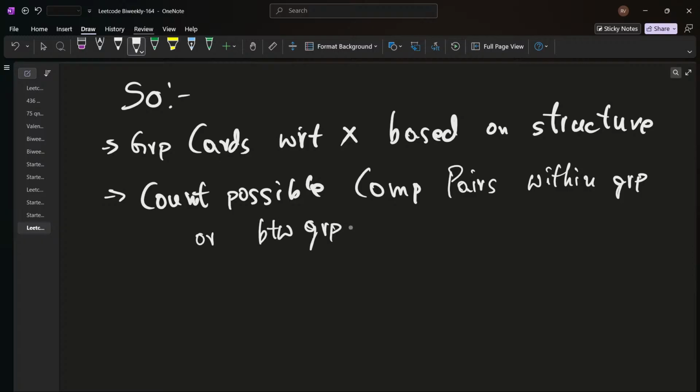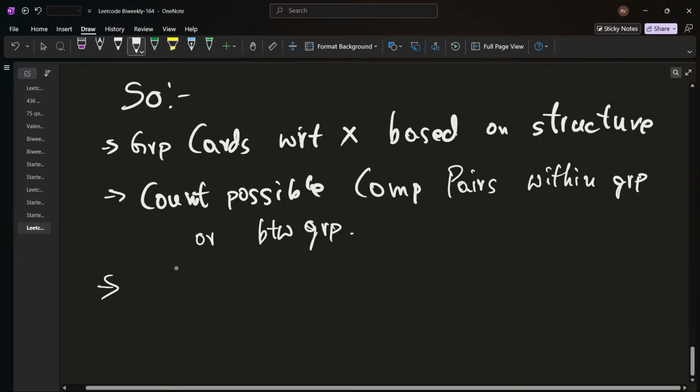Then finally I'll balance the pairings with other cards.